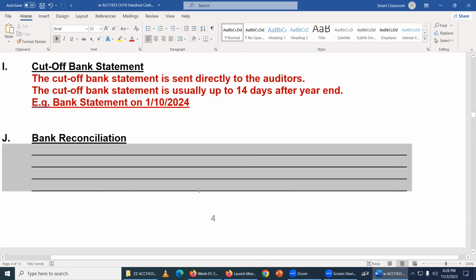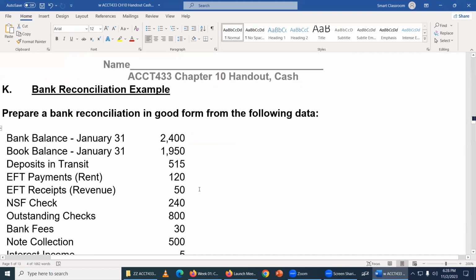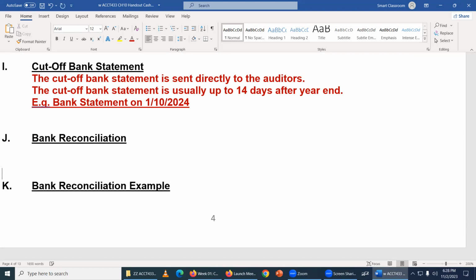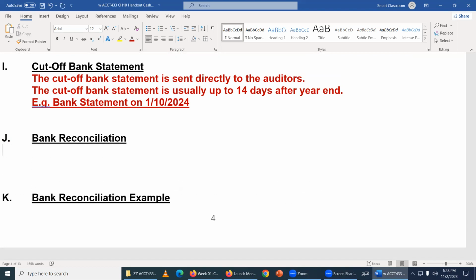Okay, bank reconciliation. This is probably the most important internal control for a company. I think it's the only one that is basically legally required, in order to hold banks liable for some frauds.